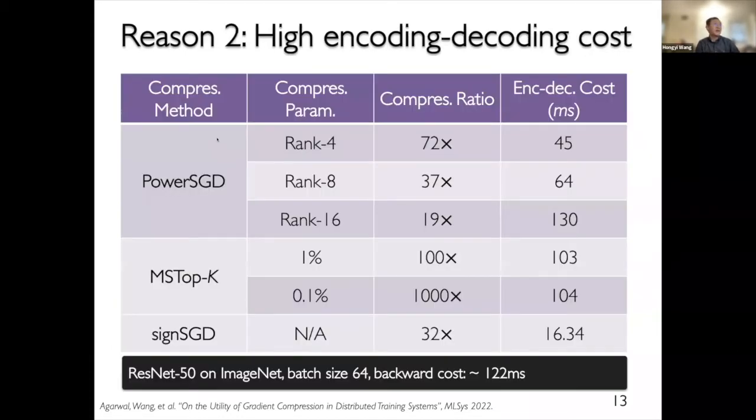The second reason is that sometimes gradient compression can actually be computationally heavy. In this example, the backward propagation only takes a little over 120 milliseconds, but sometimes the gradient compression can take even longer, or at least be comparable to backward propagation. So the overhead of the encoding and decoding, basically computing the compressed gradient, can be as heavy as the backward propagation.